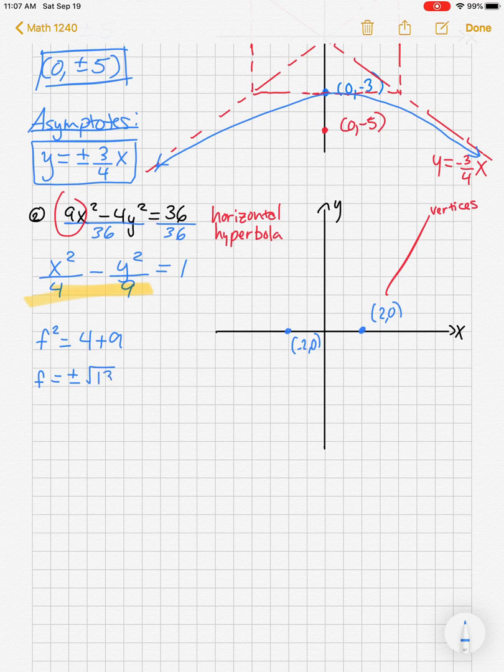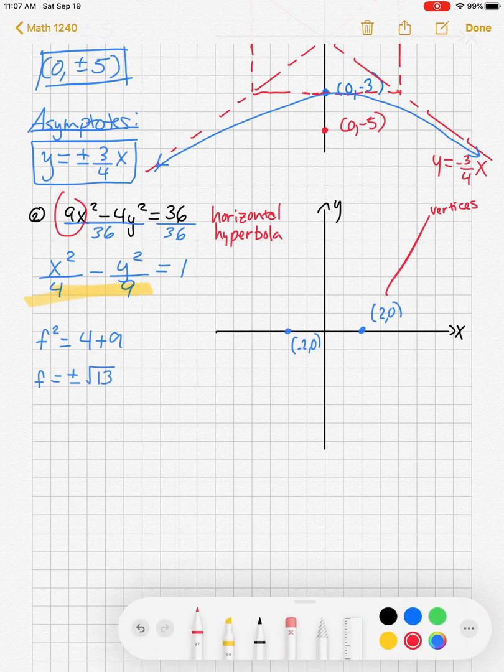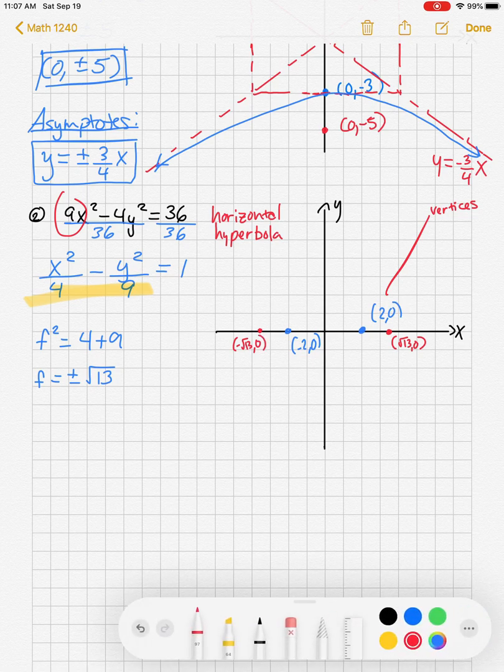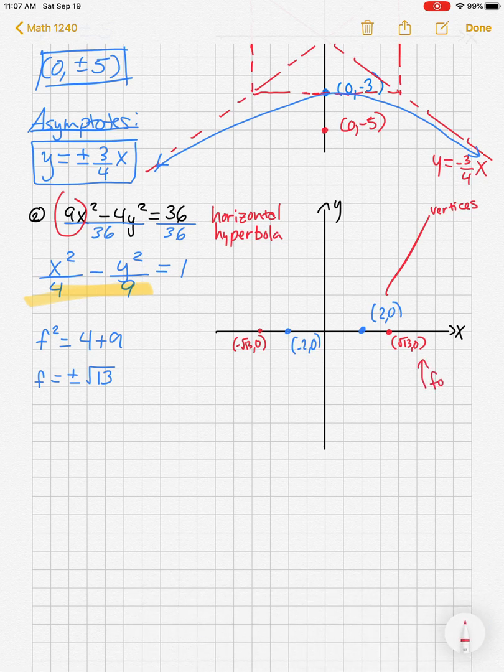Plus minus root 13, so that's between 3 and 4. Just put it between 3 and 4 and label. Okay, these are the foci, and now the asymptotes.